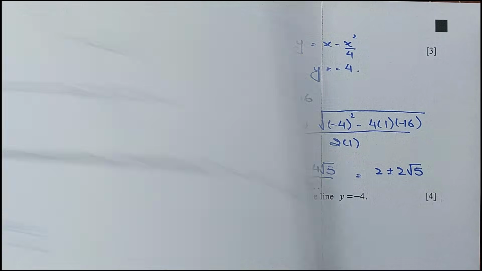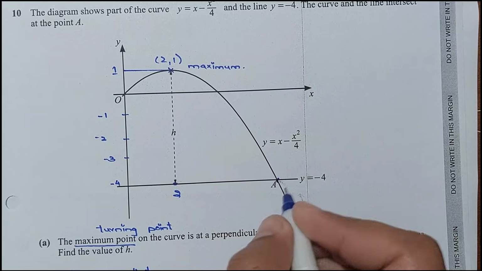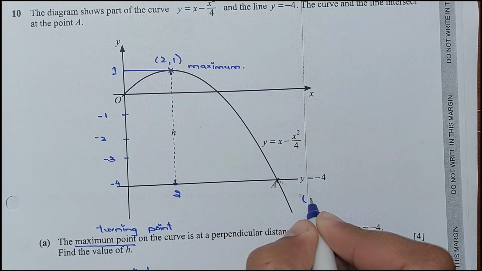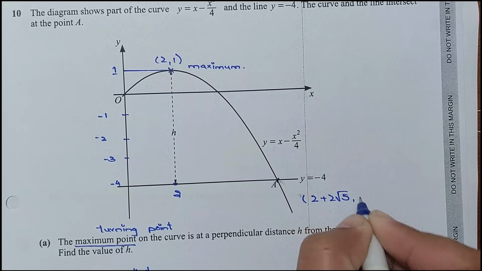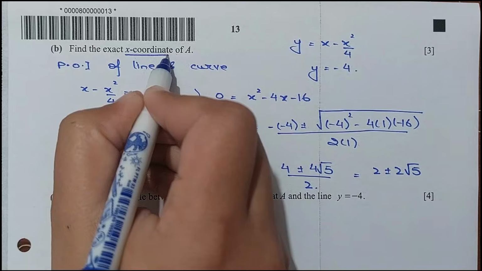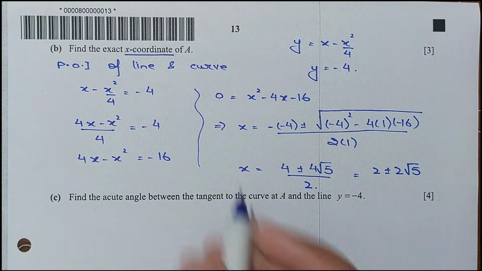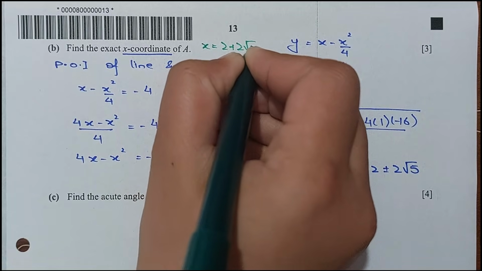So the x coordinate of A would be 2 plus 2 root 5. We have no idea about the y. We are just finding the x. The exact x coordinate of A is the positive one. We can say x is equal to 2 plus 2 root 5. Yes.